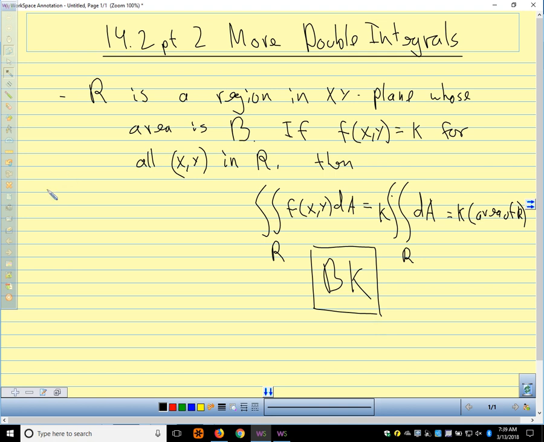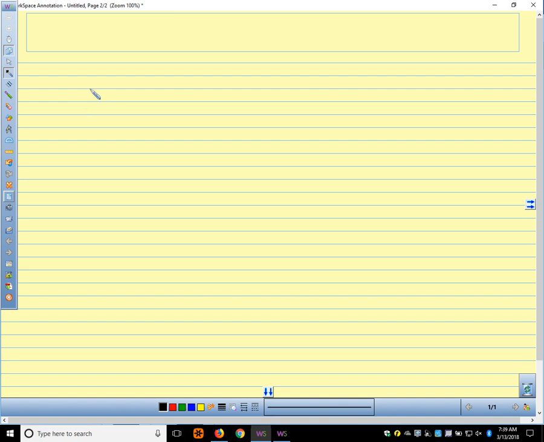All right, a couple more questions. For the double integral over our region, we want to know if this is sometimes true, always true, or never true.